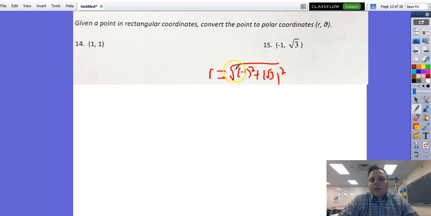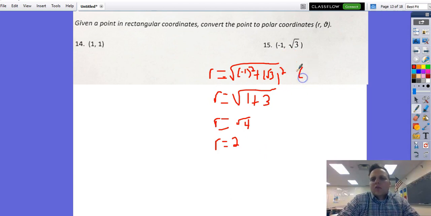Okay? -1 squared is just 1, and the square root of 3 squared is just 3 because this square sign is only applying to this square root sign. So these cancel each other out, so you're left with just 3. And hopefully you can see that this is going to be the square root of 4, because 1 plus 3 is 4. And the square root of 4 is just simply 2.